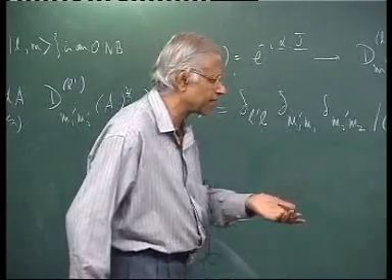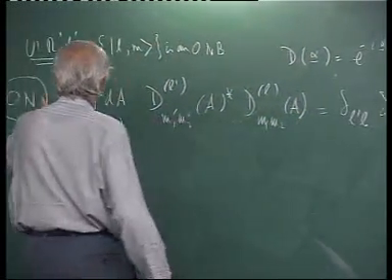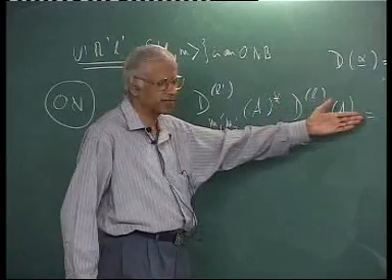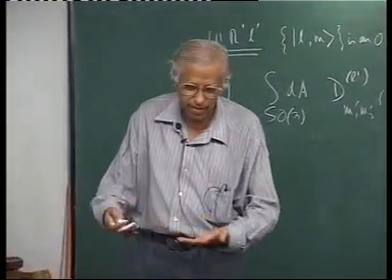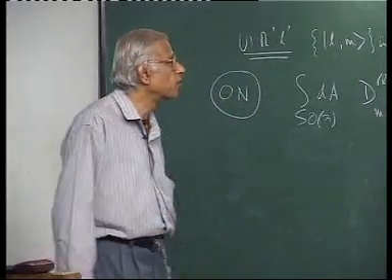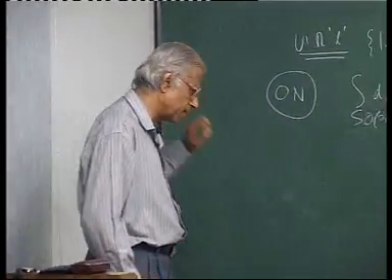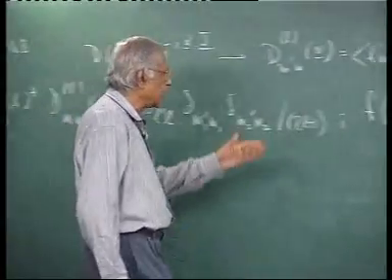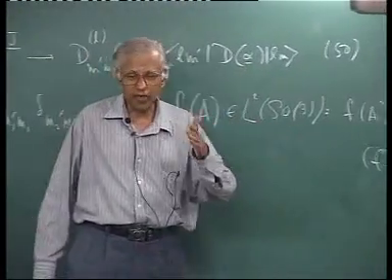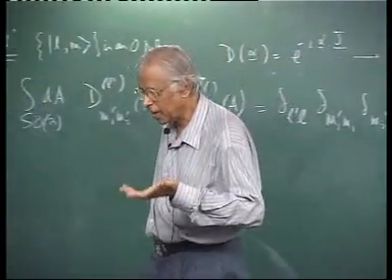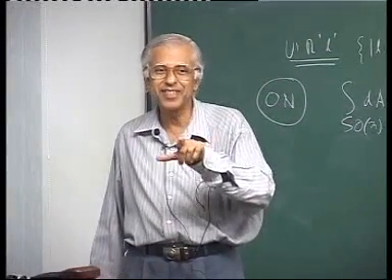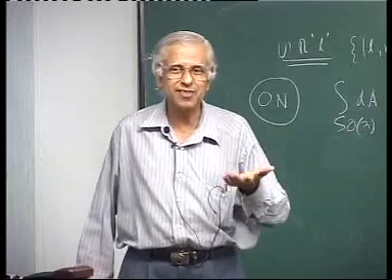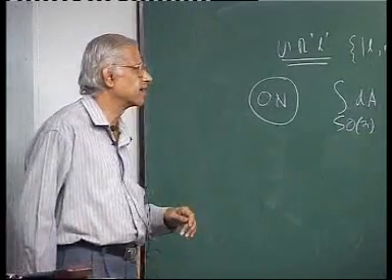Whether it's a hydrogen atom or harmonic oscillator, the analog of this kind of statement is relatively easy. You just have to play around with differential equations, use known properties of special functions and so on. The proof that the set of all eigenfunctions of the Hamiltonian for the harmonic oscillator are actually a complete set, it is not trivial. But it can be done. It's not very difficult, but it can be done.